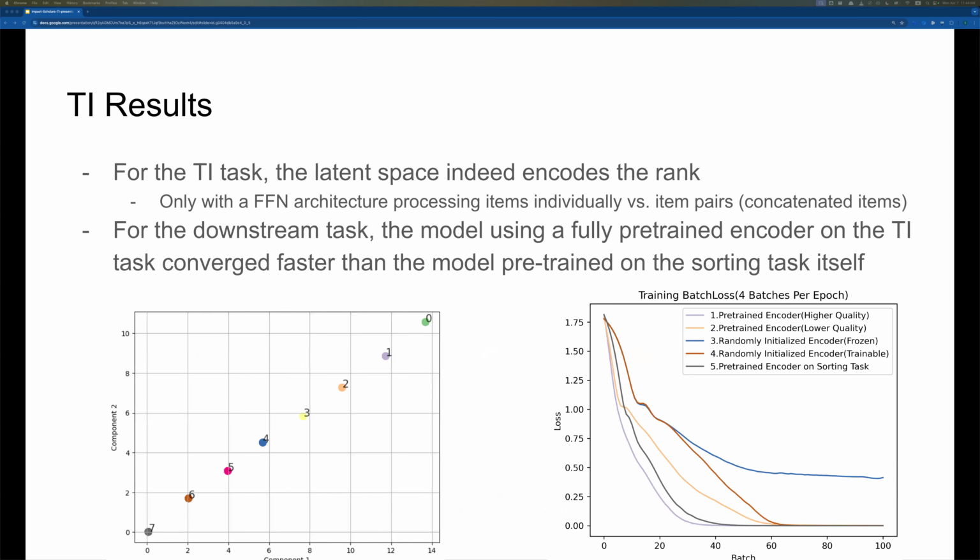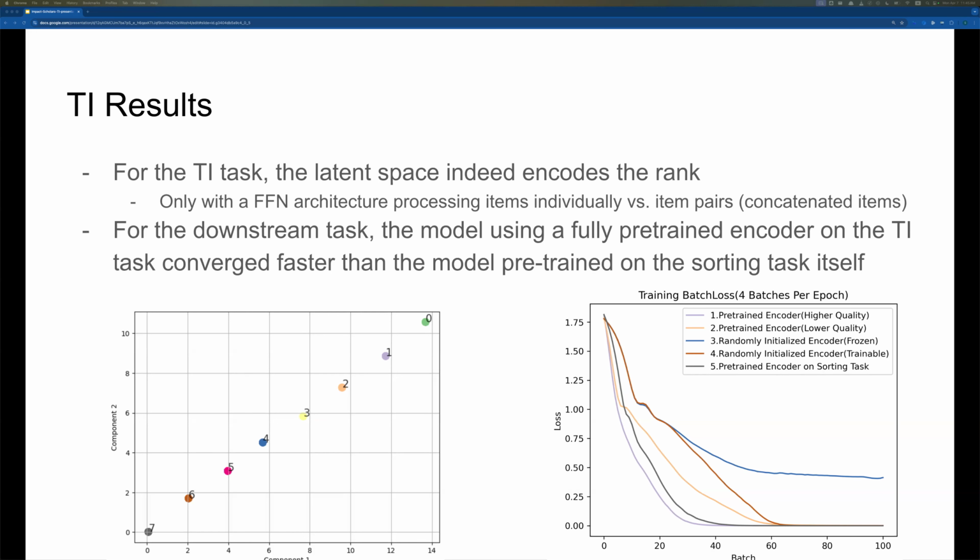And here are the results for TI. We found that the latent space of the encoder does indeed encode the rank. At the bottom left, you can see this nice picture of all the different stimuli sorted by their rank. But interestingly, we only found this for a specific tweak in the feed-forward network architecture.